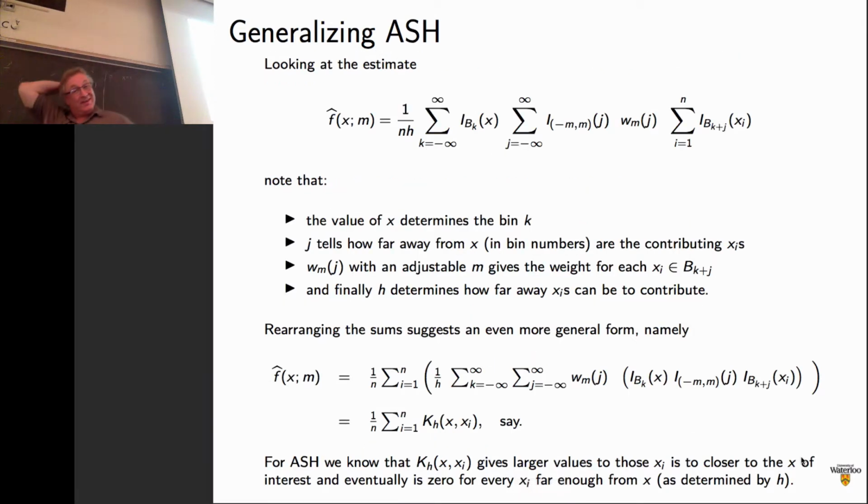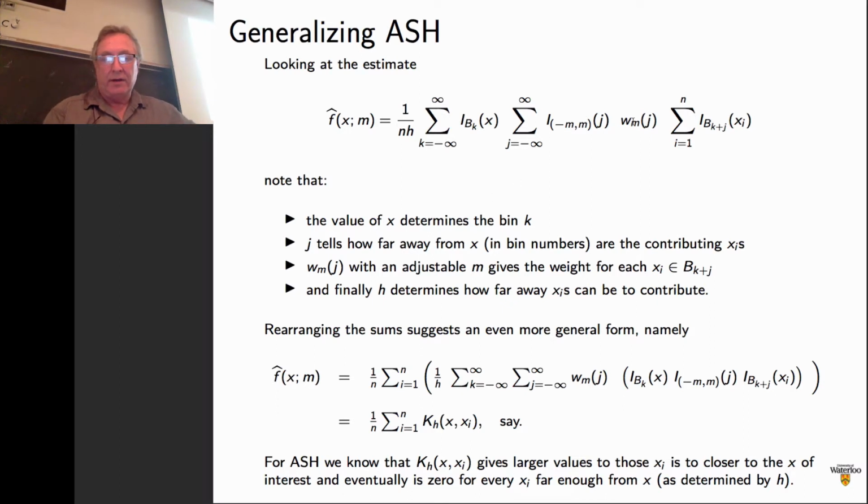Okay, if you look at that, you can already see, as ugly as it is, some interpretability. The value of x is going to tell you which bin is of interest. J is going to tell you how far from x these xi's are going to be. How far from x can the xi's be that will contribute to the estimate, measured in bin numbers.